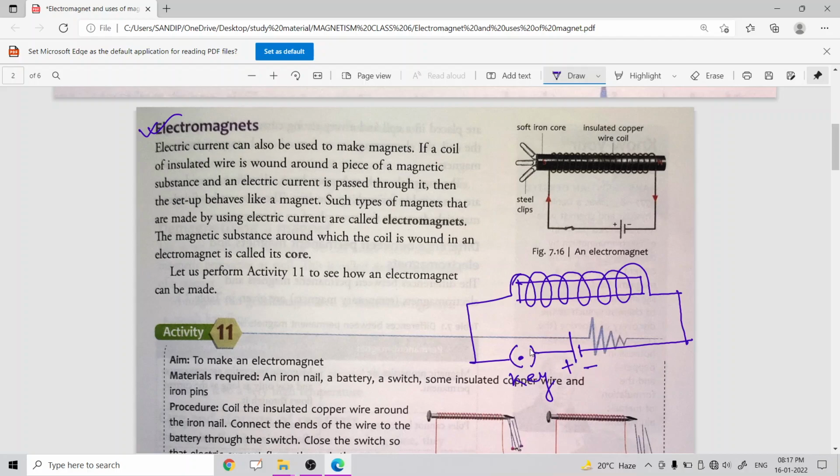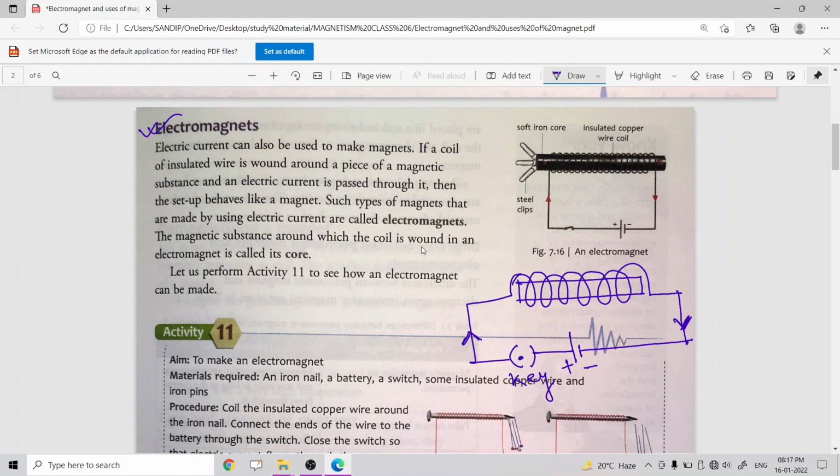Current flows through this circuit from the positive terminal to the negative terminal, in this direction, and due to this current the insulated coil gets magnetized and behaves like a magnet. This type of magnet is called an electromagnet, because such magnets are made by using electric current.